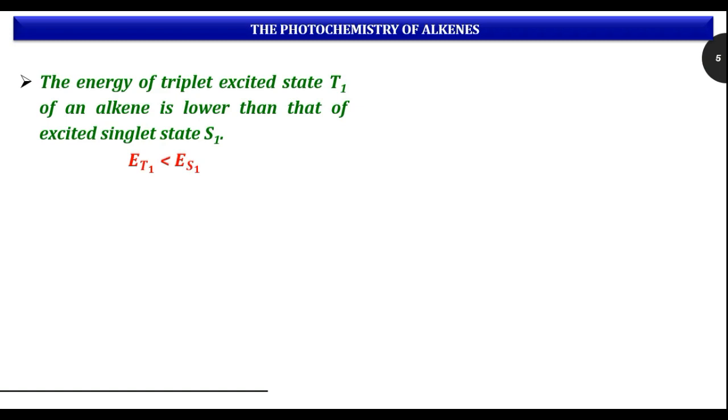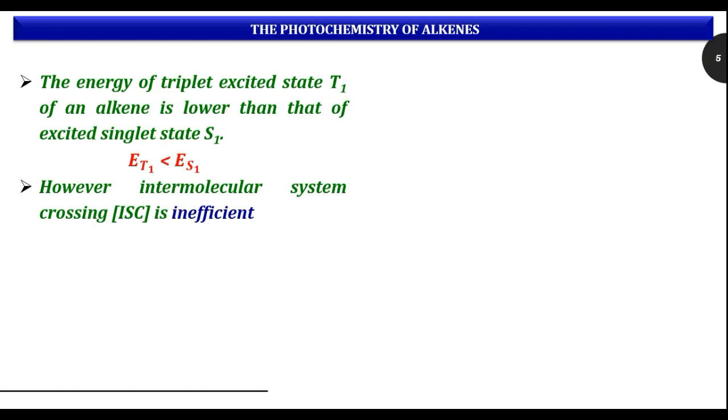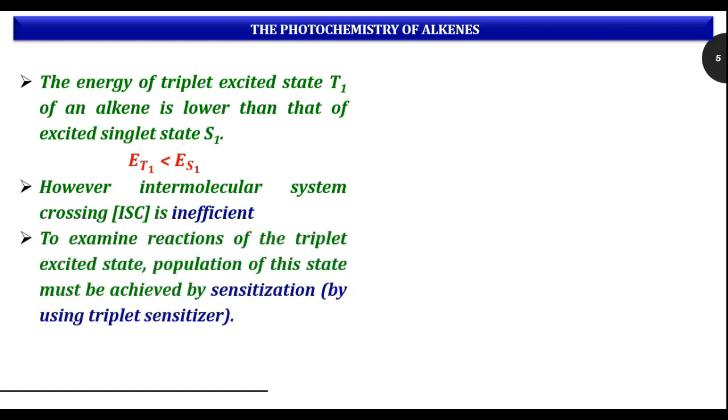Even so, the ISC process is not possible for alkenes. So if you want to convert the alkenes into triplet excited state, you have to use a triplet sensitizer.